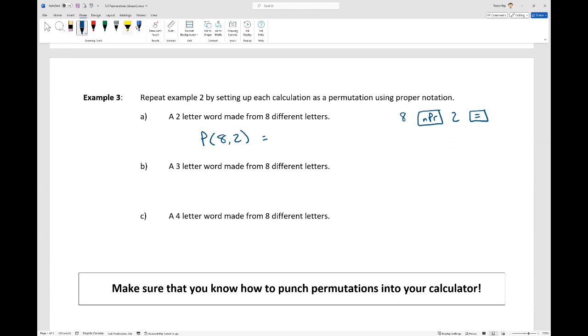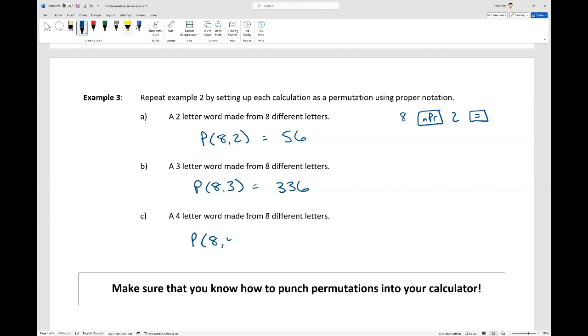So on my calculator, I'm going to hit 8, and mine happens to be second function over the 9, but whatever it is on your calculator, 8 nPr 2 equals, and my answer is 56, which if you scroll up a little bit, you'll realize is the same as the one that we just did in the previous example. 8 pick 3, again, 8, nPr button, 3, and you get 336, same as we did before.